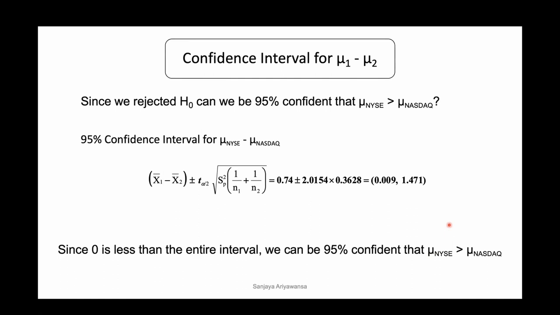Right. So we were talking about hypothesis test for mu1 minus mu2, that is the difference between two sample means, when your population standard deviations are unknown and assumed to be equal. You also have the case where your population standard deviations are unknown and not assumed to be equal.